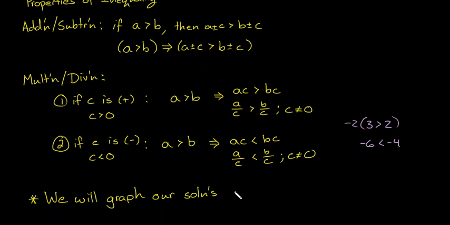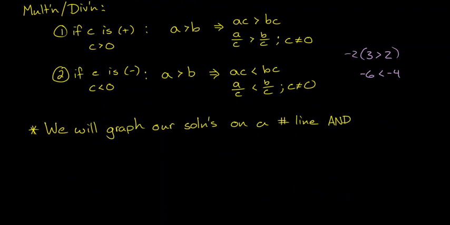We will graph our solutions on a number line, and I'm going to make that a capital, and express them in set builder notation. And I'm going to sneak that in as a capital there so its importance is recognized. Set builder notation.